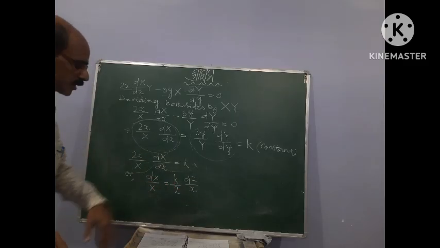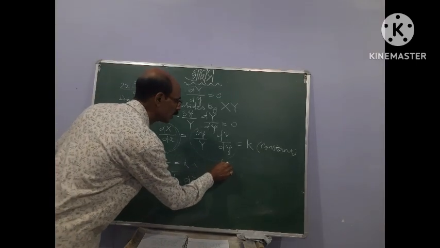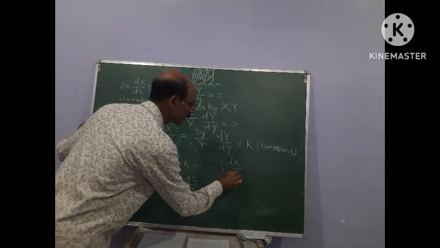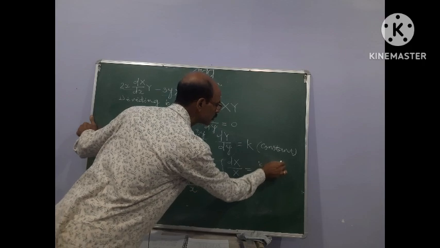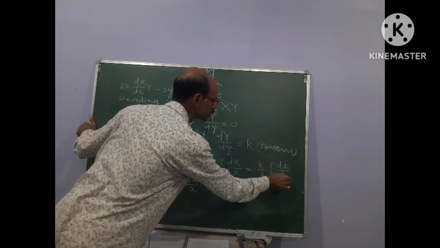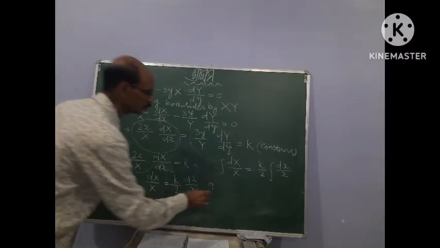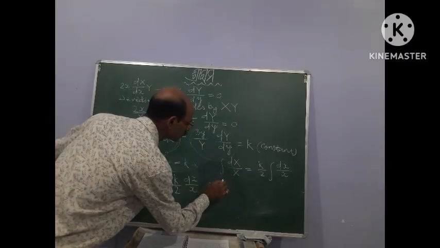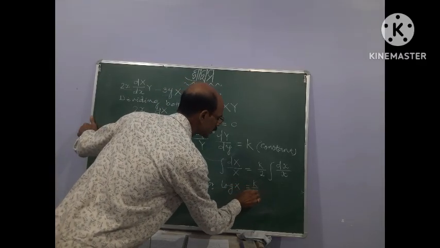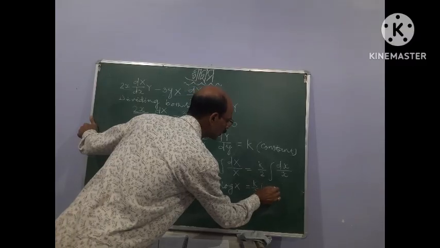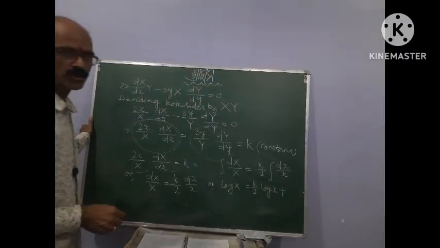Now integrate both sides. Integrating both sides, we will obtain integration of dX/X is equal to k/2 integration of dx/x, or I can write it as log X, its integration, and this is k/2 log x, and there will be an integration constant.